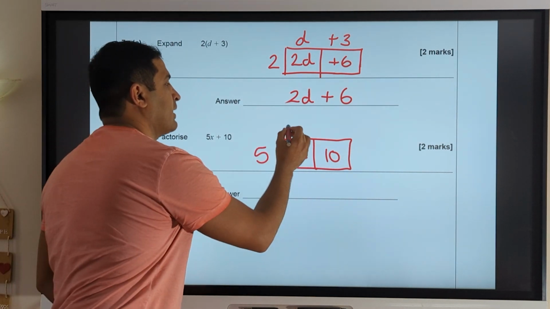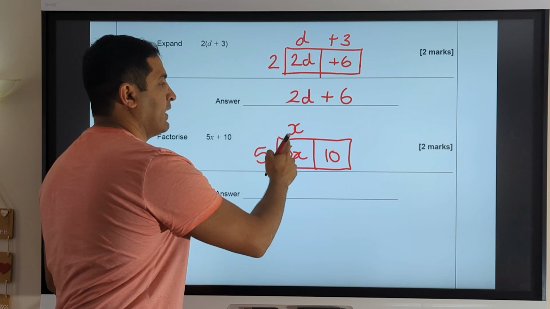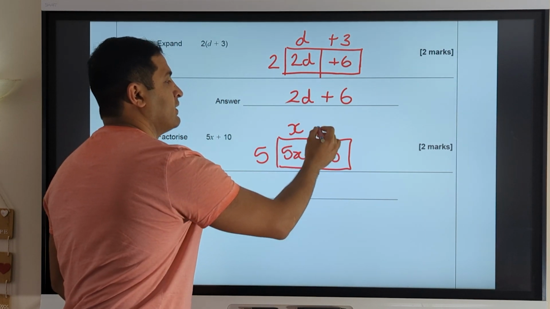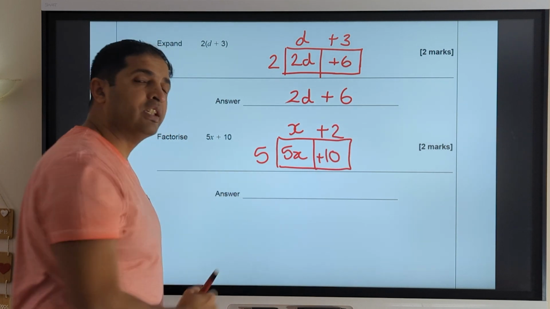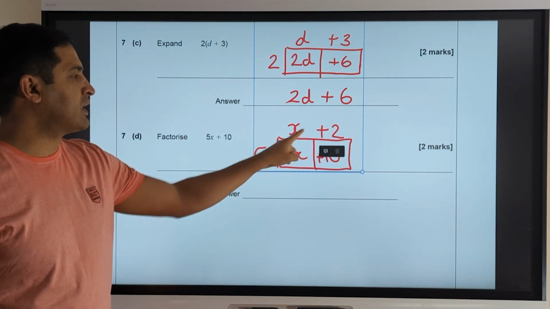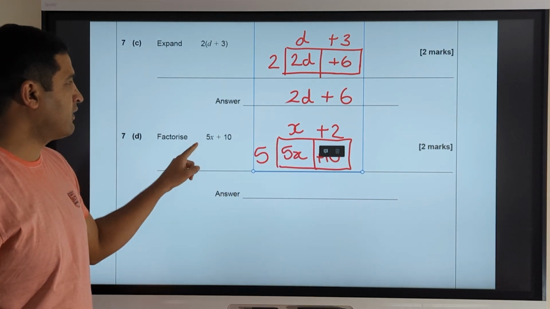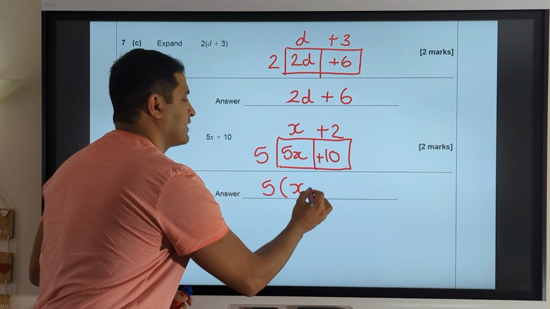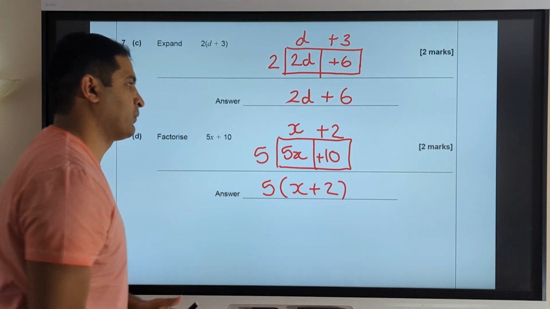We're saying 5 times x gives you 5x. And then 5 times what gives you positive 10? 5 times positive 2 will give you positive 10. So those are the two numbers that multiply together to give you this area. So we know our answer is going to be 5 times x plus 2.